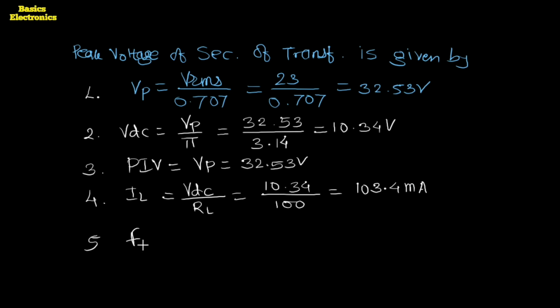For the half wave rectifier ripple frequency, you have to write down the complete names of all the parameters and then start calculating. I am going to write in short here to save your time, so don't take the short method, the direct method. You write down the names of all parameters. Fo equals Fin.